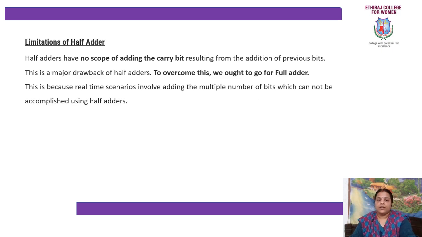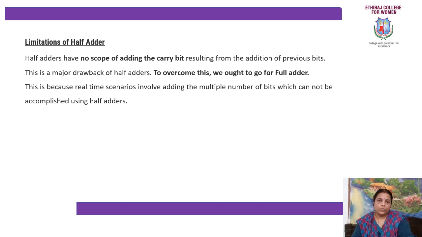But we also have certain limitations with half adders. Half adders have no scope for adding the carry bit. Whichever bit is generated as a carry bit, there is no mechanism to add it along with the other digits.